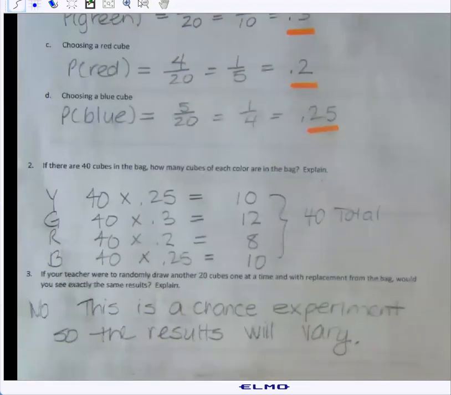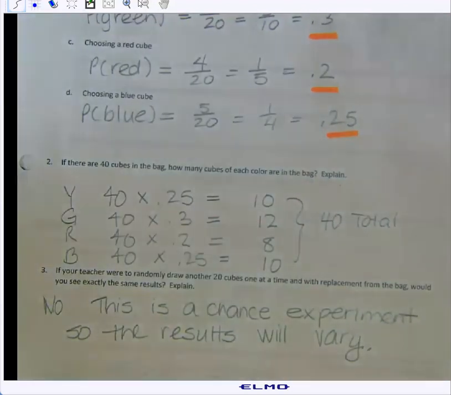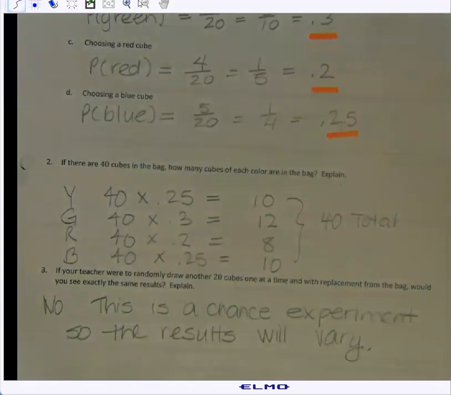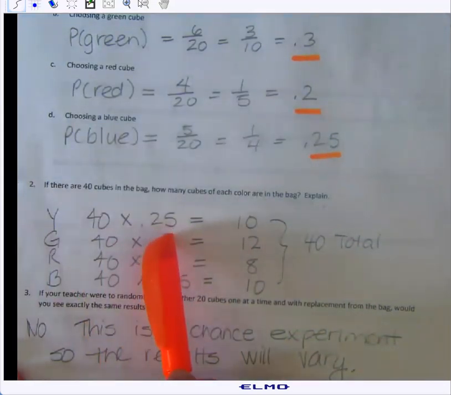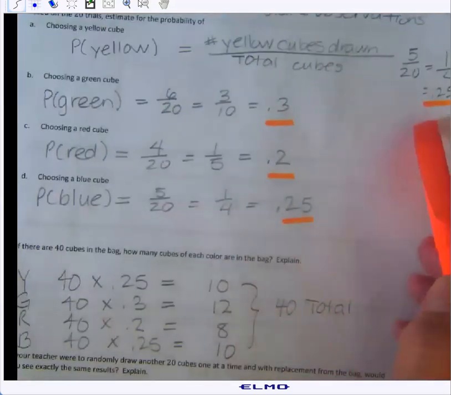Okay, so we can use this to predict how many of each color are in the bag. If there are 40 cubes in the bag, how many cubes of each color are in the bag? Well, let's use our experimental probabilities to predict, okay? If there are 40 cubes, we predict that 25% of them are going to be yellow because 25% of the time I pulled out a yellow cube.